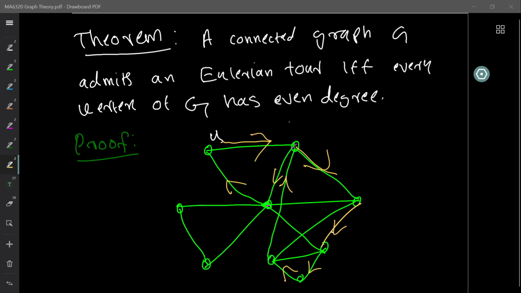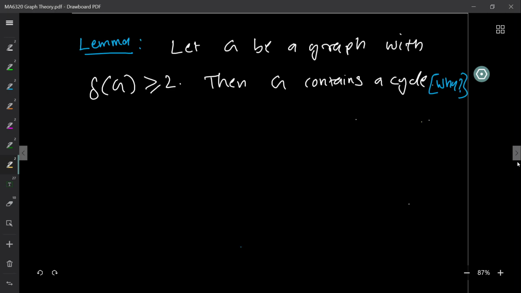Okay, so now let us formally prove this. The lemma that we can use is the following: suppose G is a graph with minimum degree at least 2, then the graph contains a cycle.